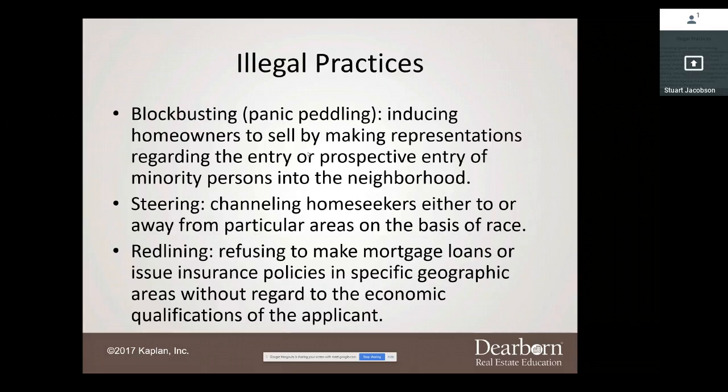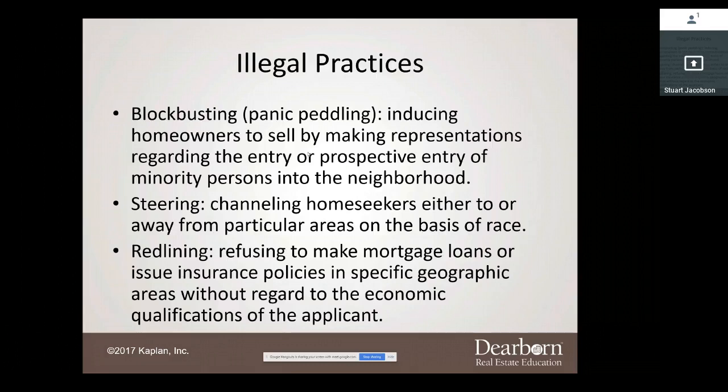Now, she said it innocently and in passing, and again, could be extremely accurate for where she was. However, this was considered steering because, on the basis of the fact that she was not Orthodox, it made her feel as though the agent was steering her away from an area. So that is another illegal practice.